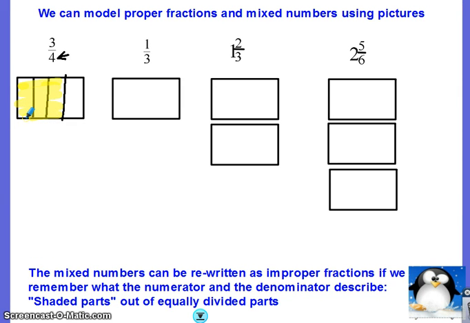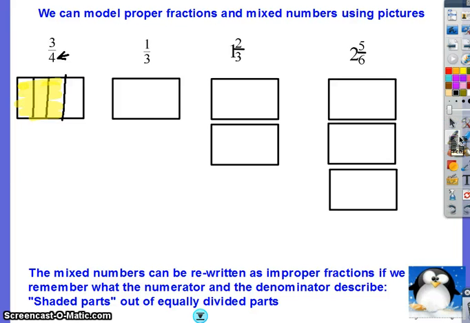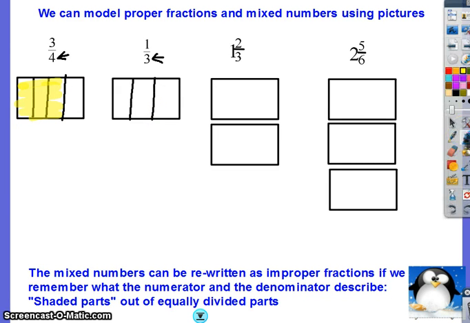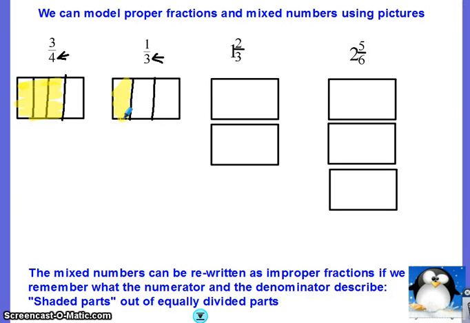Okay, is that a whole? No, that's less than 1. 1 would be if we shaded in all 4 pieces. Okay, over here, the denominator tells me to split up my whole into 3, and the numerator tells me to shade 1. Also a proper fraction because it's less than 1.